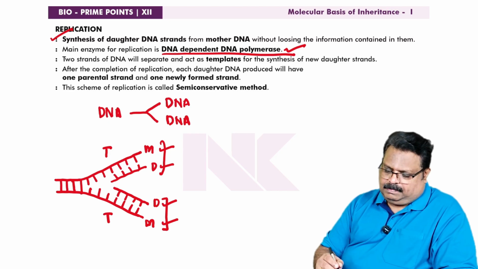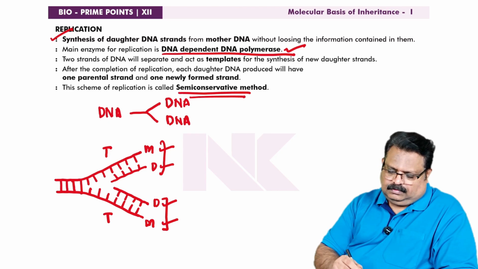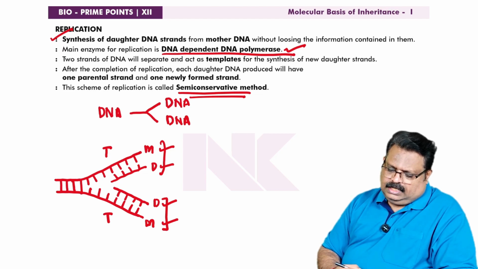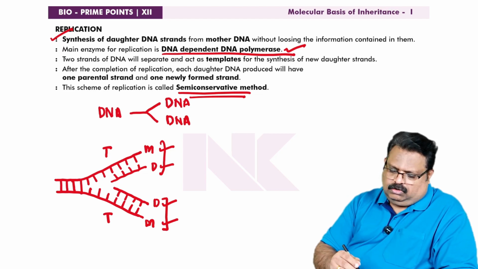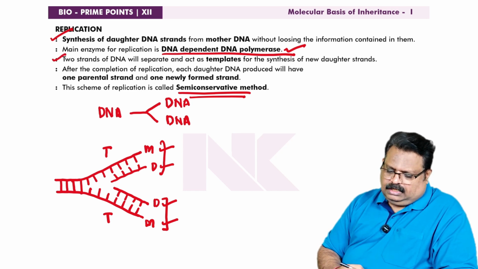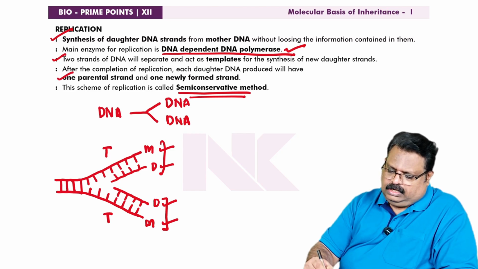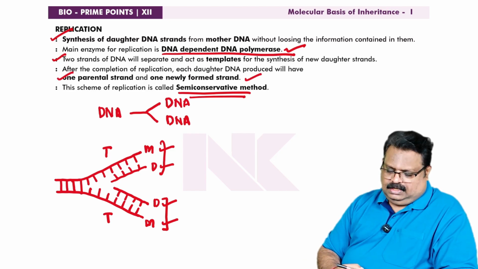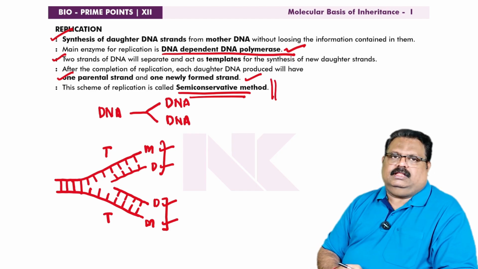That means the replication pattern is called semi-conservative method. You can see the two strands of the DNA will separate and act as a template for the synthesis of new daughter strands. After the completion of replication, each daughter DNA produced will have one parental strand and one newly formed strand. That is why the scheme of replication is called semi-conservative method.